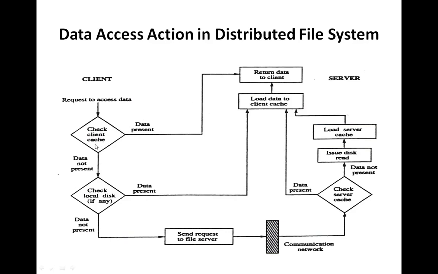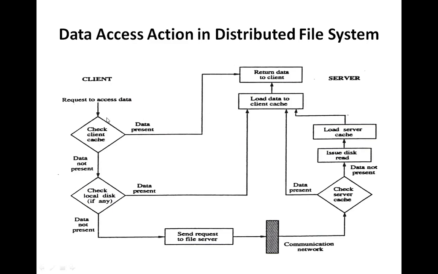This local cache is actually the client cache, which is available at the client side on which the process is running. So if the block is available in the cache, it will return it to the client. But if it is not present in the cache, it will check the client's local disk. If present in the local disk, the data will be loaded to the client cache.